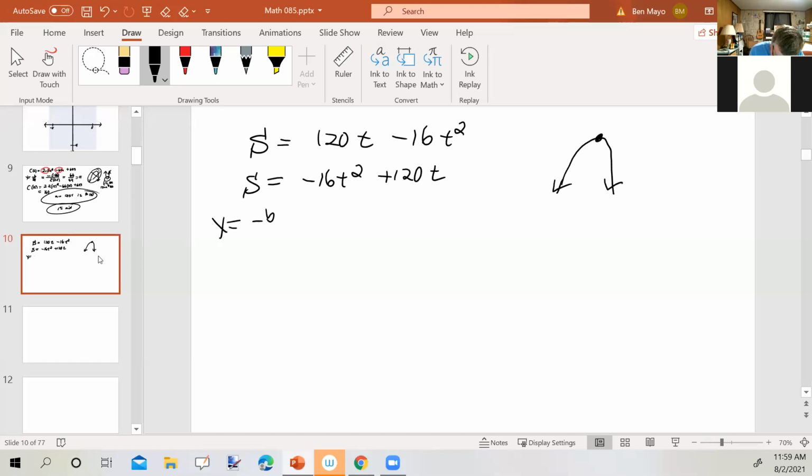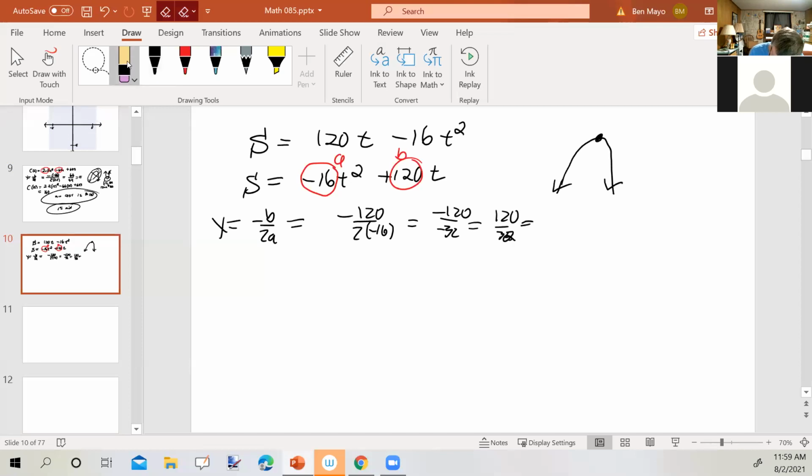x equals negative b over 2a, and this is going to be a, and this is going to be b. So this is going to be negative 120 over 2 times negative 16, which is negative 120 over negative 32, which is 120 over 32, because negative over negative is positive.